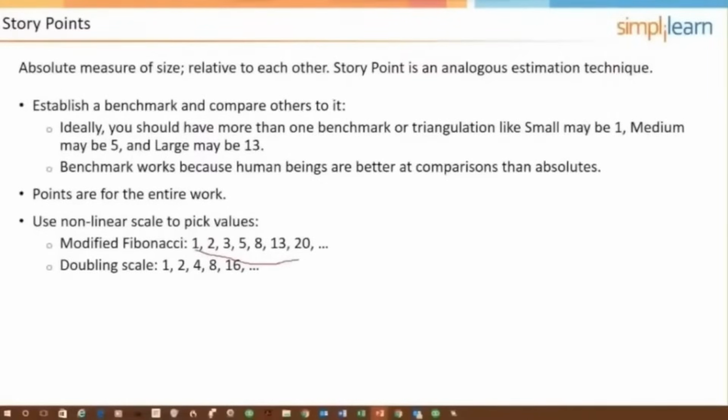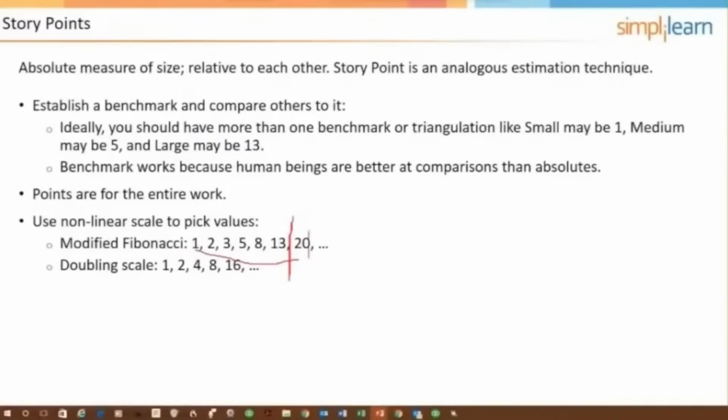So 13 is 5 plus 8. 8 is 3 plus 5. 5 is 2 plus 3, and 3 is 1 plus 2. If we were doing the real Fibonacci series, this wouldn't be 20. It would be 13 plus 8, which would be 21.